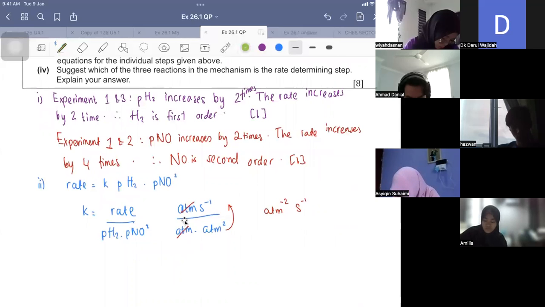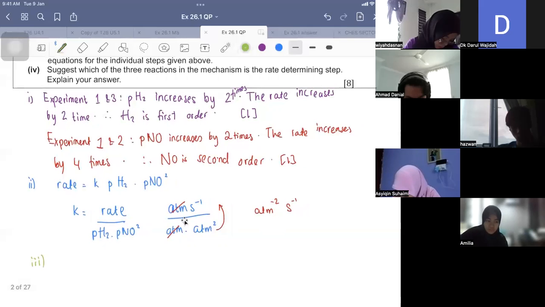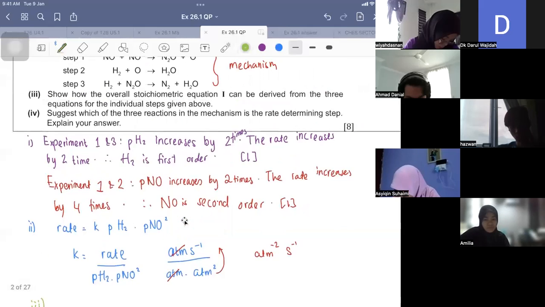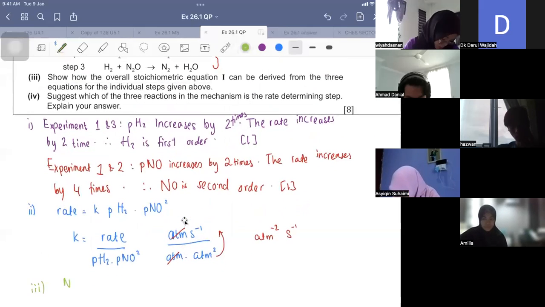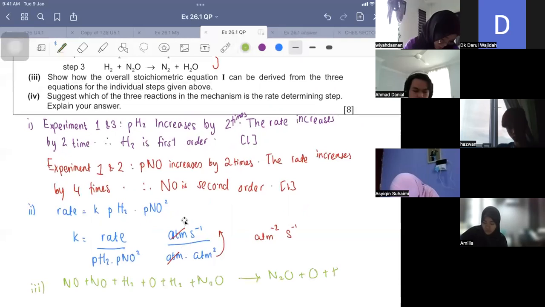So part 3, we add step 1, NO + NO, plus H2 plus O, plus H2, plus N2O. You add up all your reactants on the same side and all your products on the same side: N2O plus oxygen plus H2O plus N2 plus H2O.